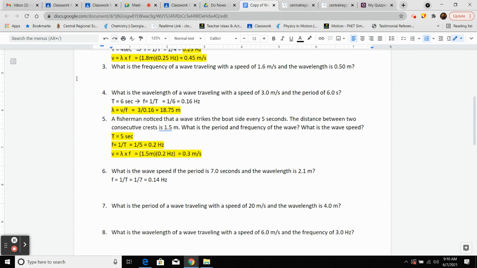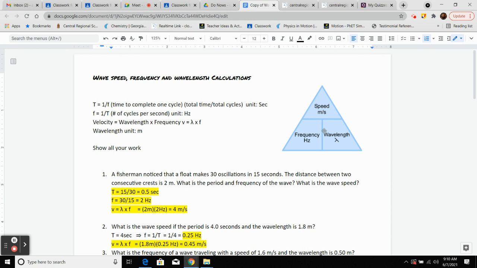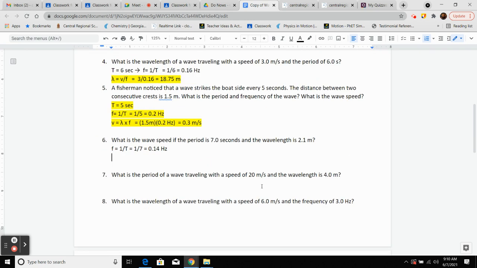Now, once we have the frequency of 0.14 hertz, looking at the triangle, we have frequency, we have wavelength, multiply those two together to get the speed. So, speed is wavelength times frequency.